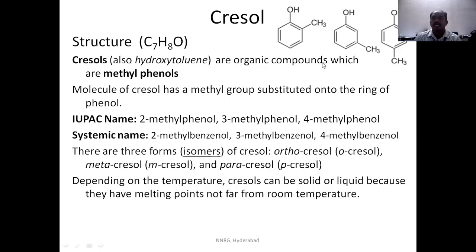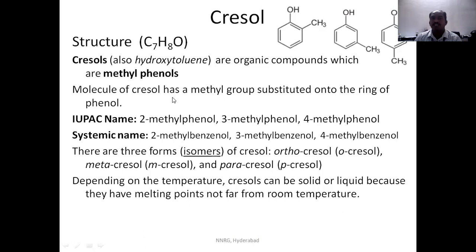Cresols are organic compounds which contain methyl phenols, with a molecular formula of C7H8O. This cresol, hydroxytoluene, exists in three isomers, because disubstitution leads to three isomers: ortho isomer, meta isomer, and para isomer.